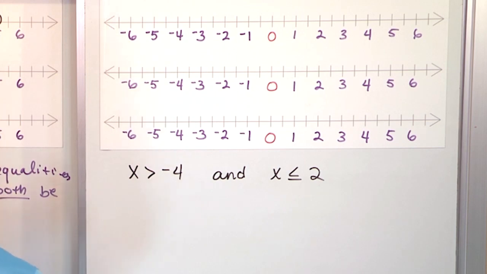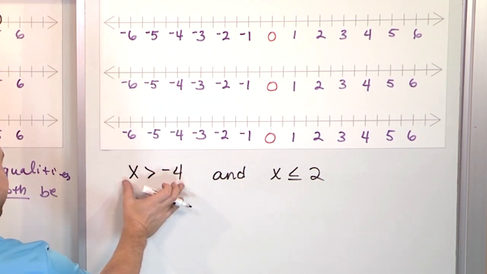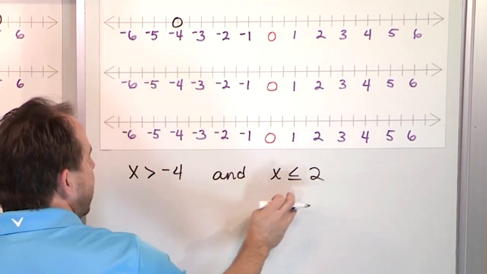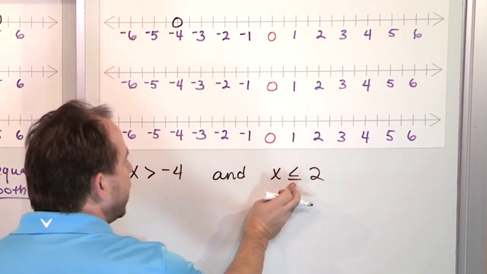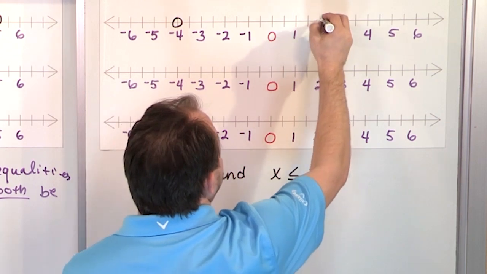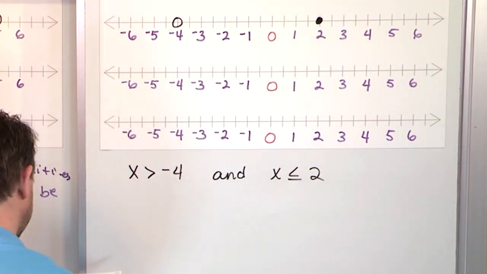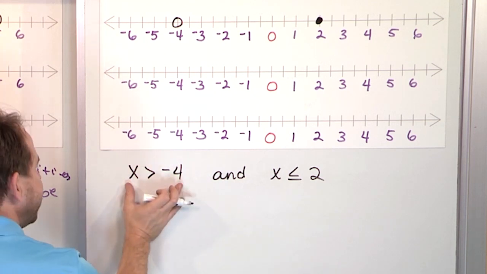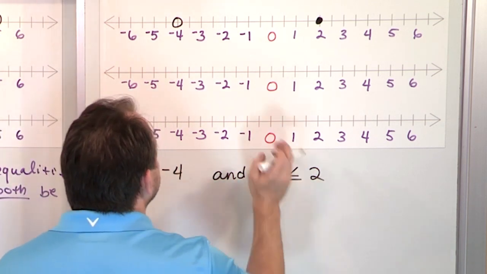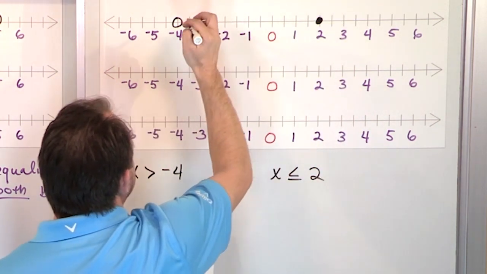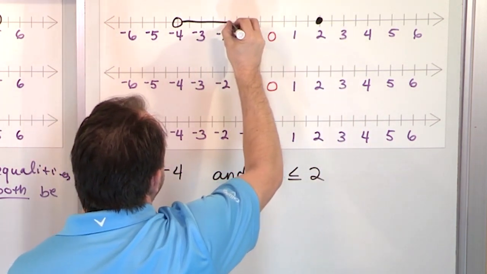So first, before we do anything else, let's graph it. -4, we'll put an open circle here. And +2, we'll put a closed circle because it includes the number 2. So we have open circle, closed circle. We're saying greater than -4 and less than 2. Greater than -4, oh, we have to stop here because it also has to be less than 2. So that means we will shade in between here.